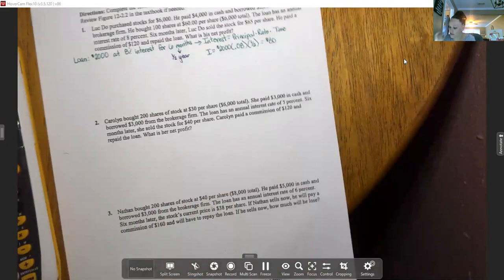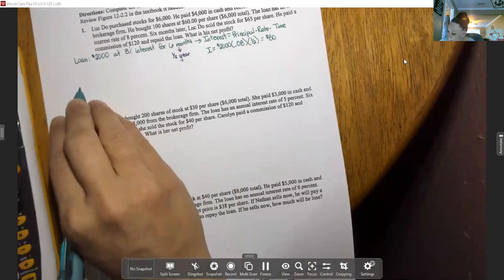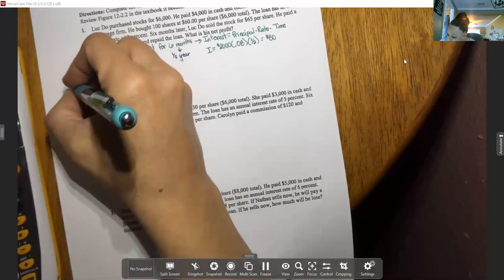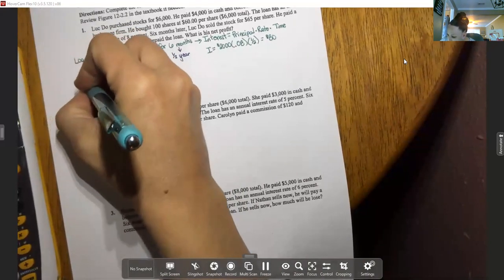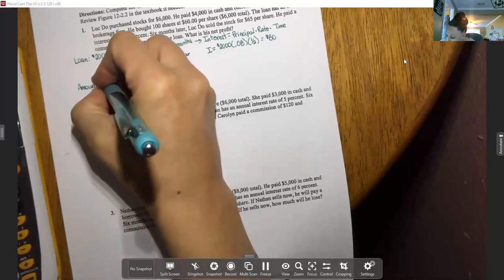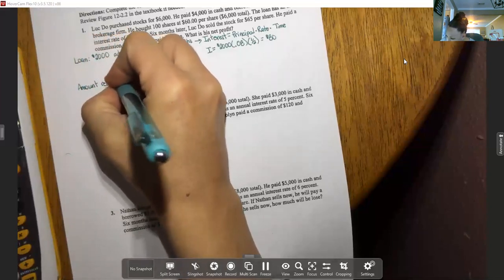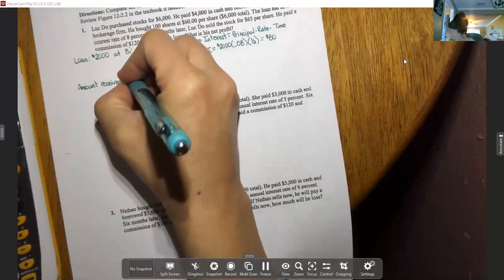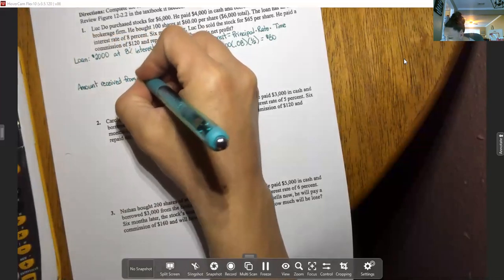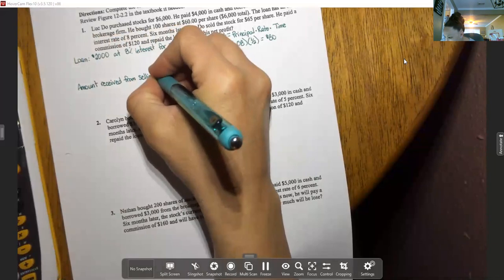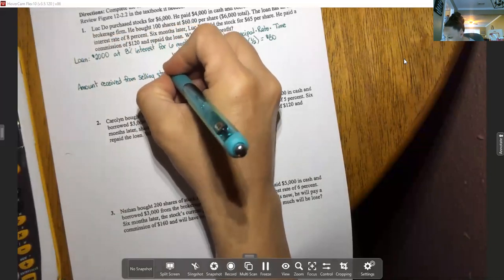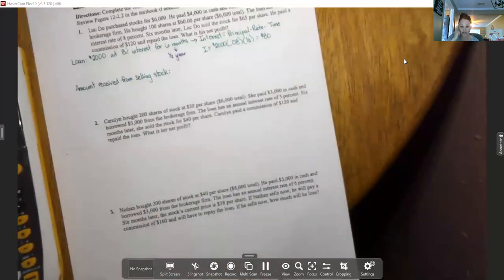All right, so let's see. The amount received from selling stock. So he's going to sell his stock and he's going to get some money.